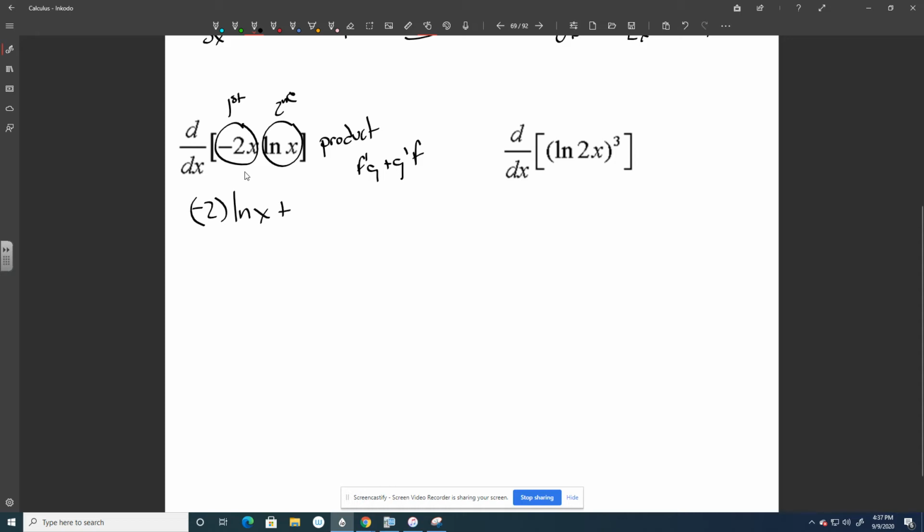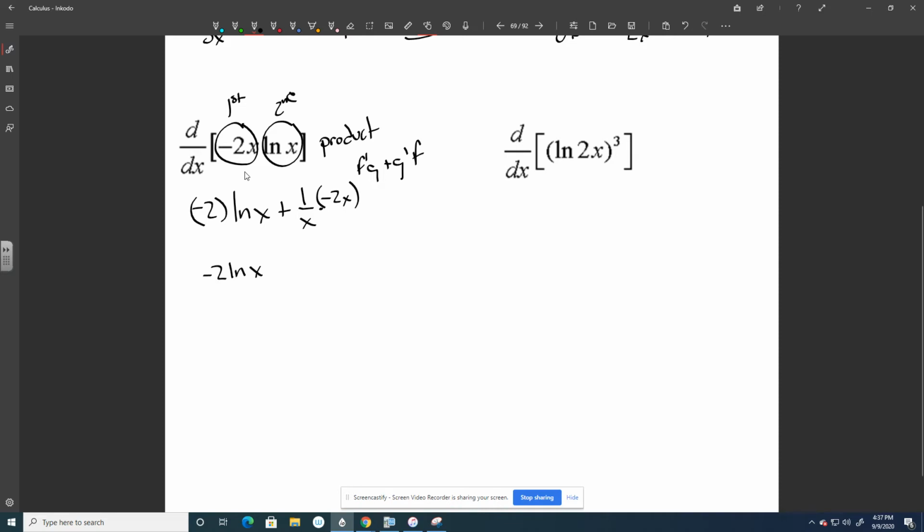And then we're going to add the derivative of the second, or g prime. So the derivative of ln of x is just 1 over x. And we have to multiply that by negative 2x. We just multiply that by the first. Okay, so when I simplify, this just becomes negative 2 natural log of x.